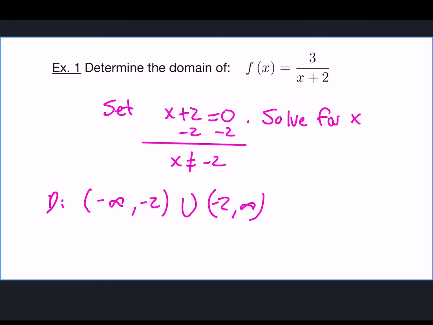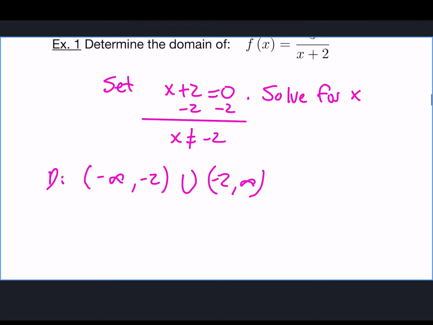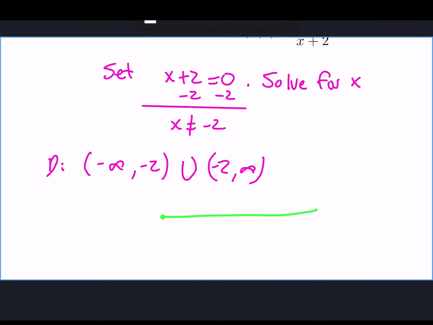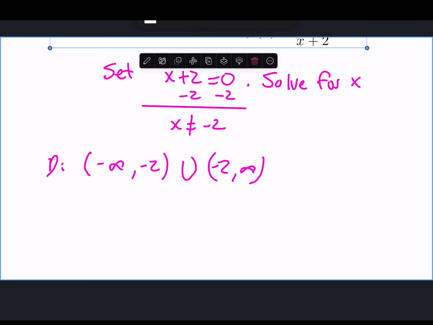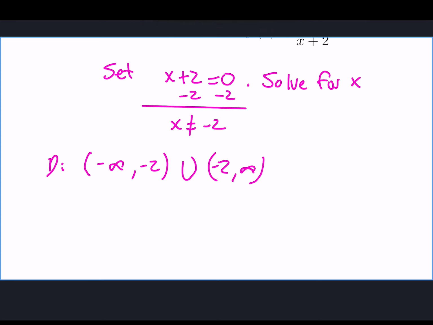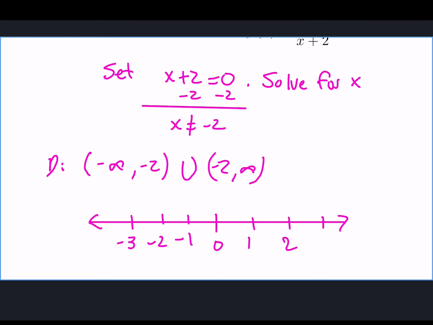Okay. That's not all. Something else I want to show you. So if we were to draw out this domain, what would it look like if we were to graph it?